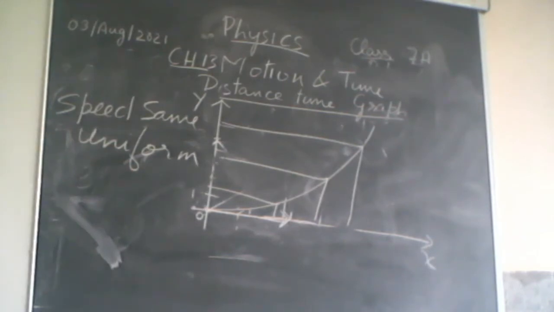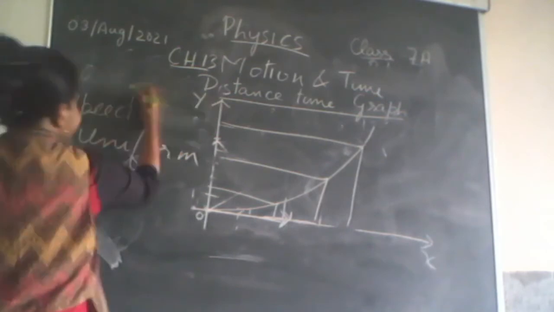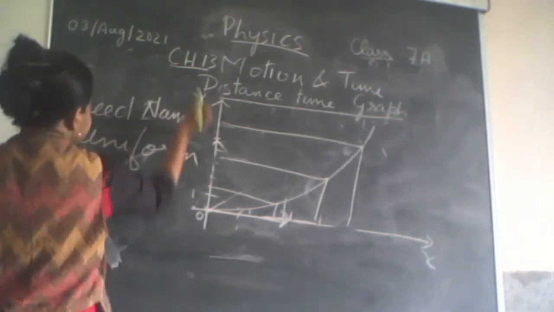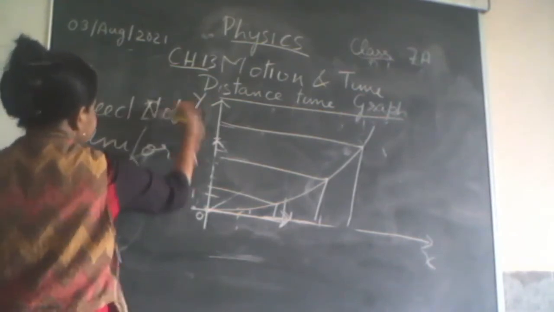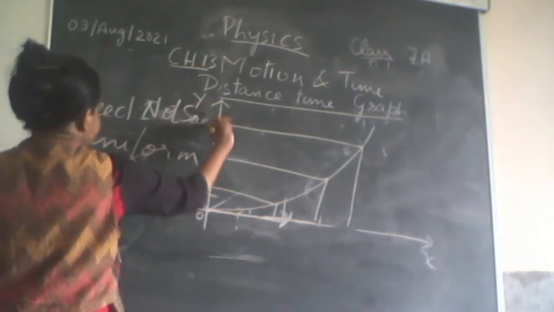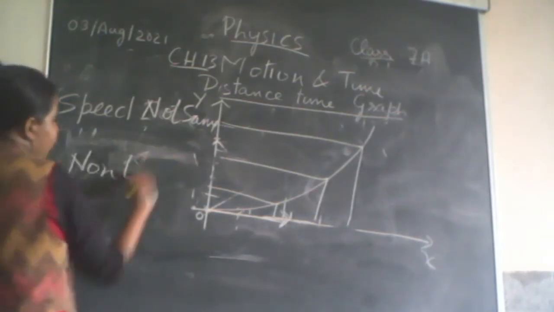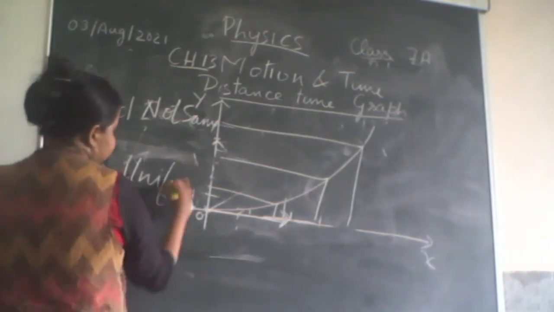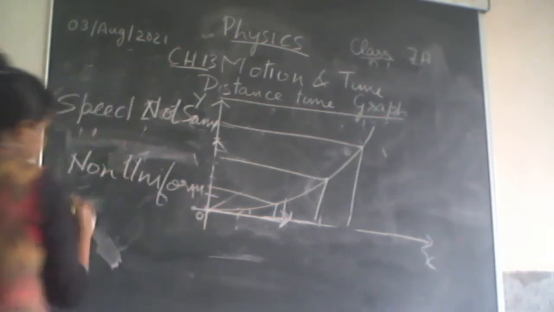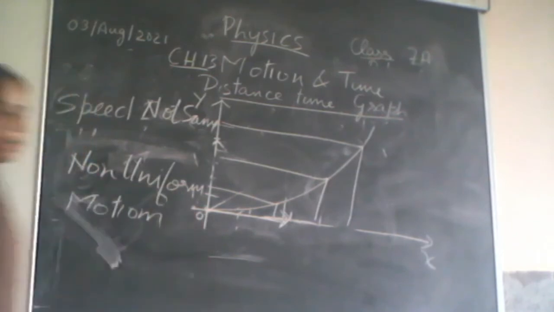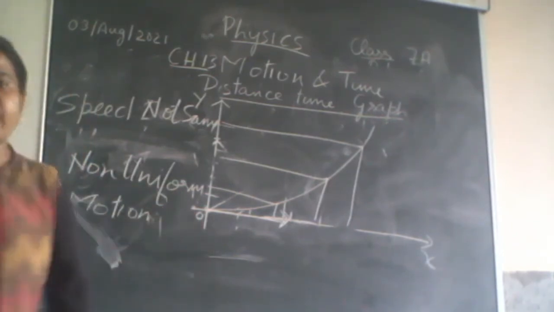The speed of the body is changing, and that means if the speed is not the same, then what are we getting? A non-uniform motion. Is it fine?